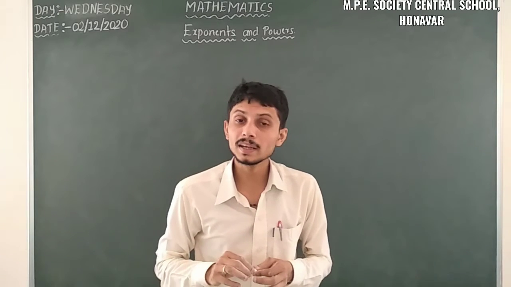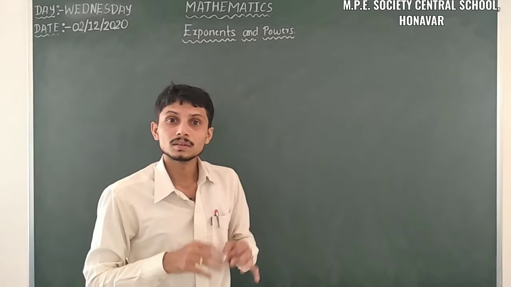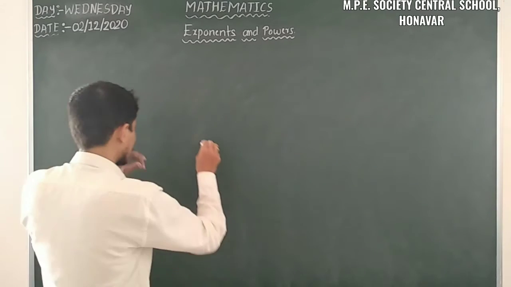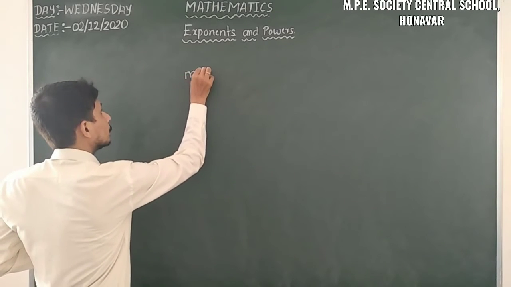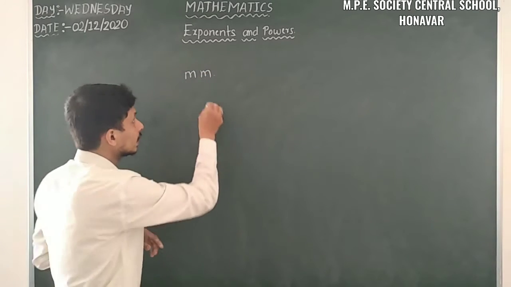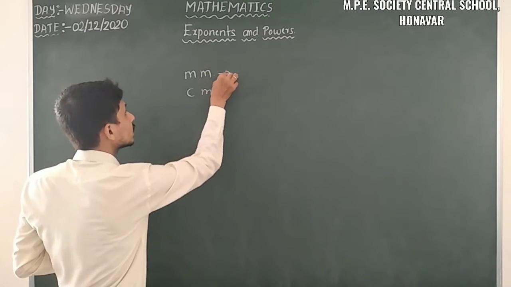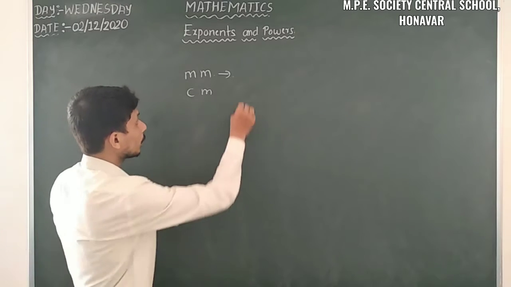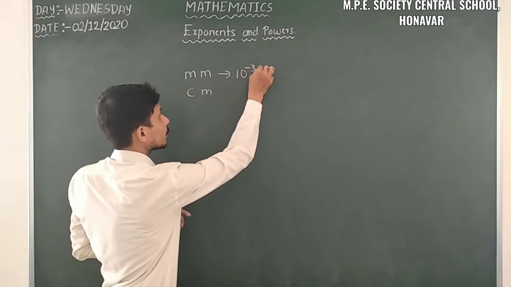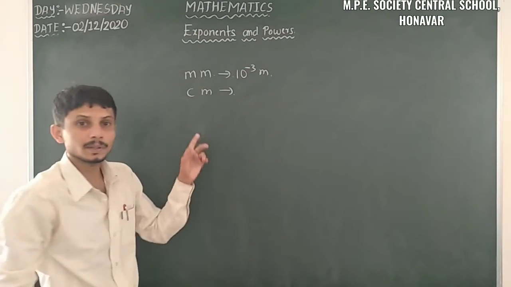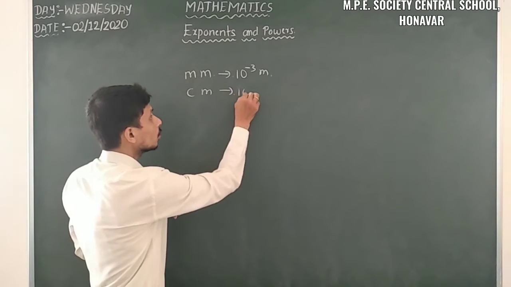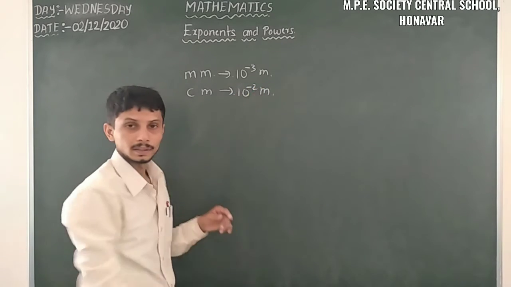For example, we are dealing with some units, that is millimeter, mm, or centimeter. In the case of millimeter, we take 10 raised to minus 3 meter. And in the case of centimeter, we take 10 raised to minus 2 meter.